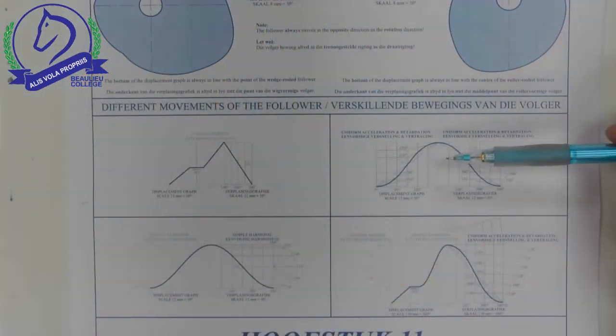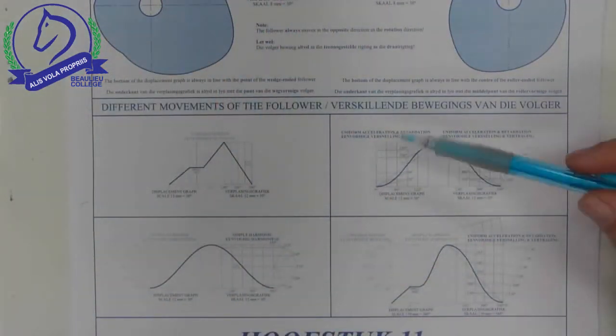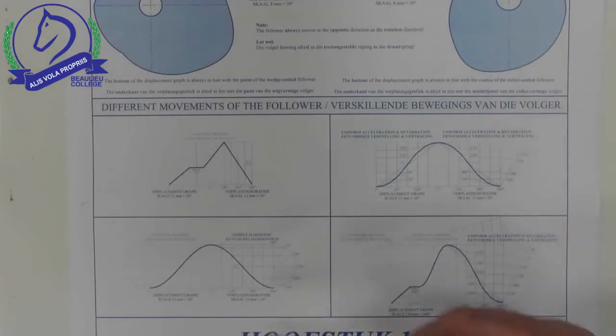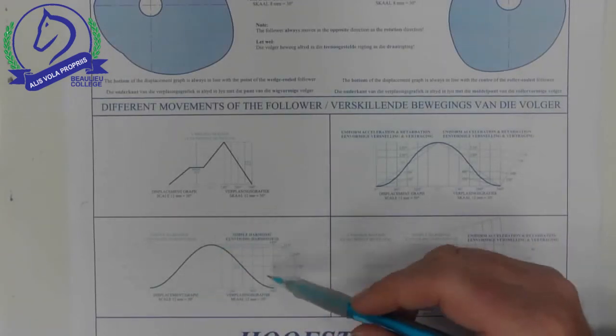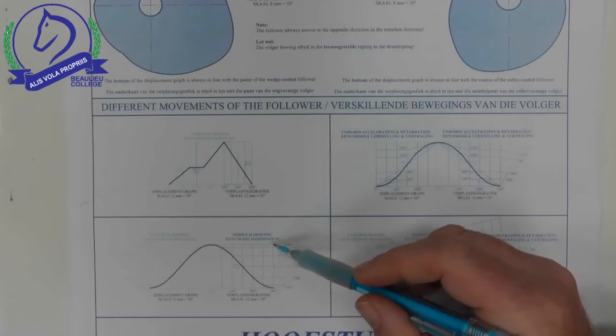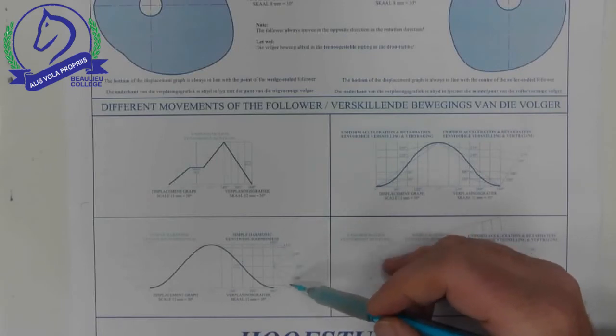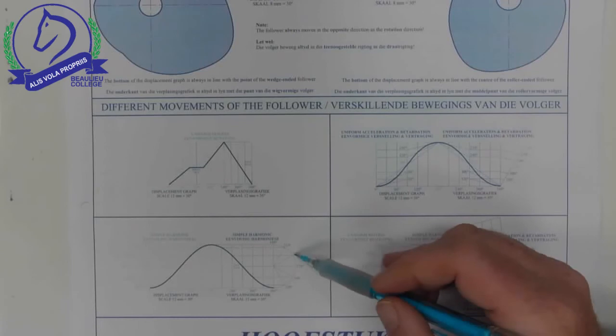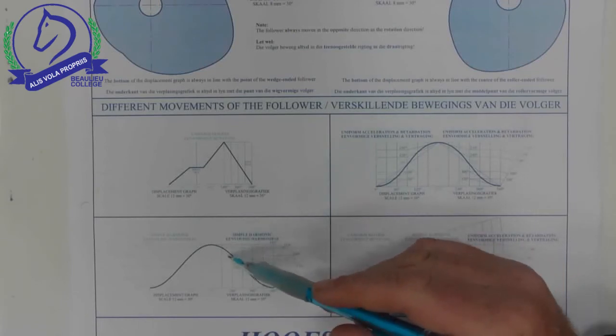Now the different types of motions that you get. Simple harmonic motion is where your height measurements are divided along the pizza slices to plot the different points.